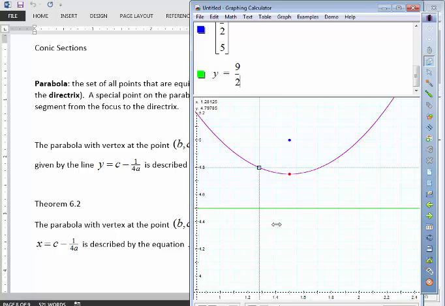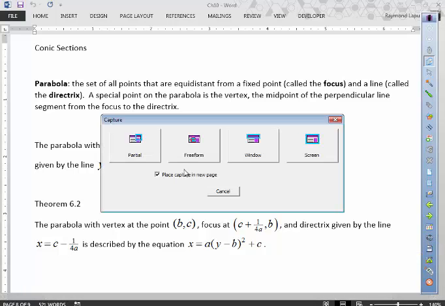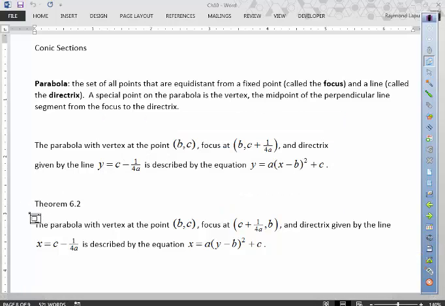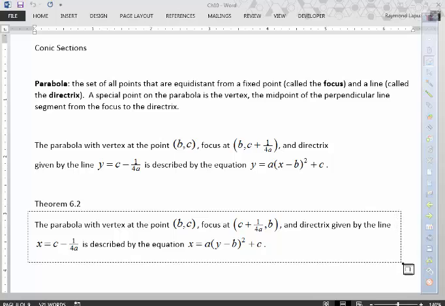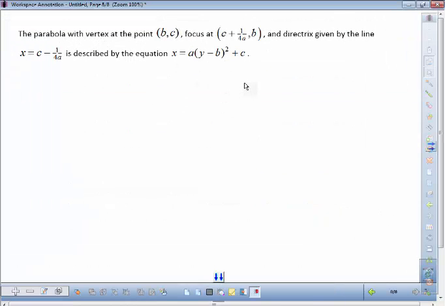Oh, here it goes. I call it a theorem for some reason. So parabola with vertex b comma c, focus point is c plus 1 over 4a comma b, and directrix is given as an x equals something, so that's a vertical line.